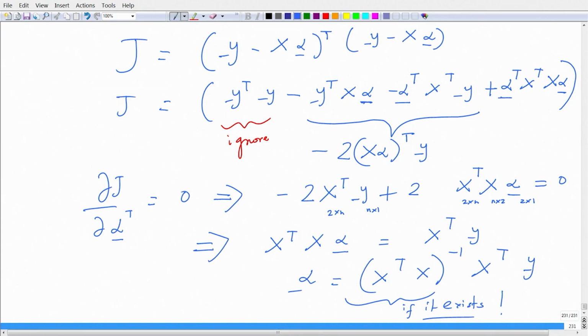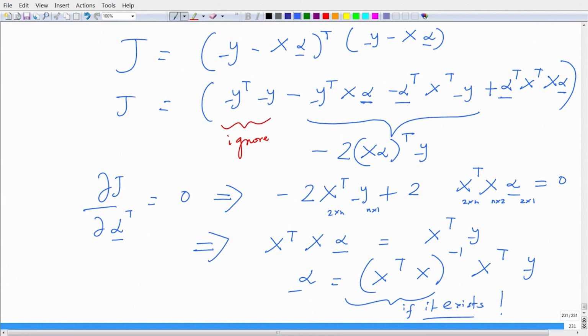And why did we land up with an equation like this? Because we had n observations and we just had 2 variables to estimate, which are alpha naught and alpha 1. We had more observations and fewer variables in our model, and we landed up with an observation matrix which was rectangular.